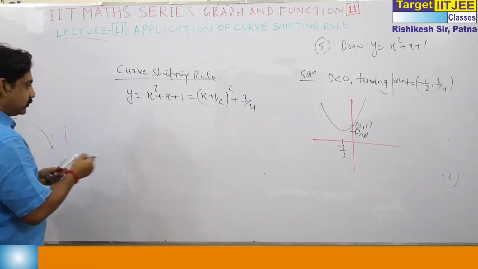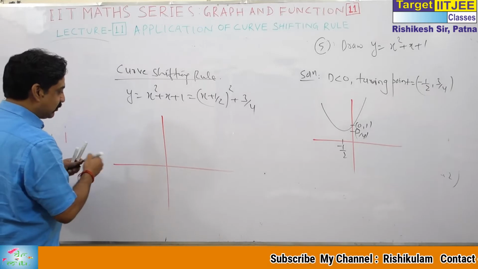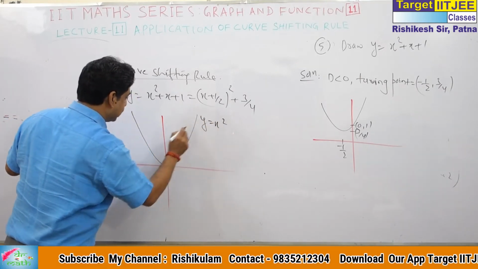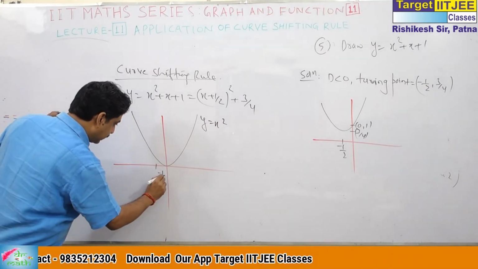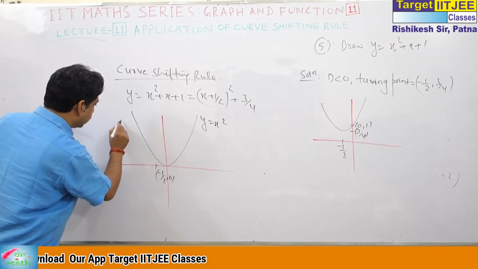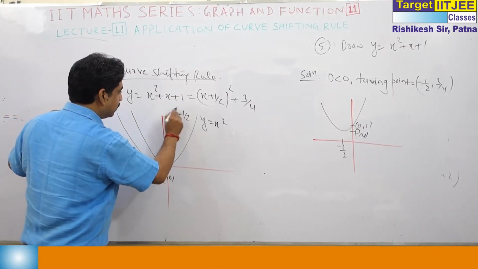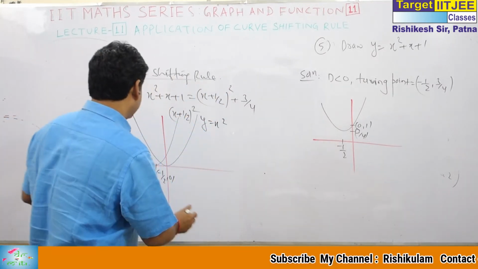So what do we do? Start with y = x². Take this one 1/2 unit towards the left, so this is (x + 1/2)². I just want to compare this and this, and then what you do?